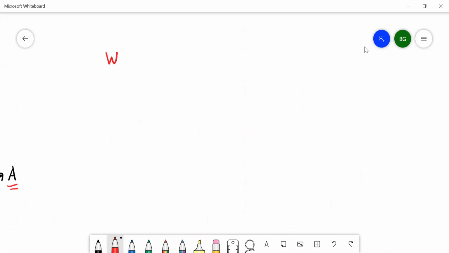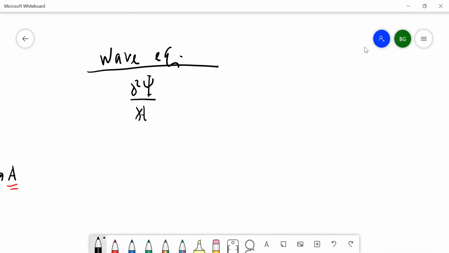So wave equation. So we get, for example, this is a wave equation.